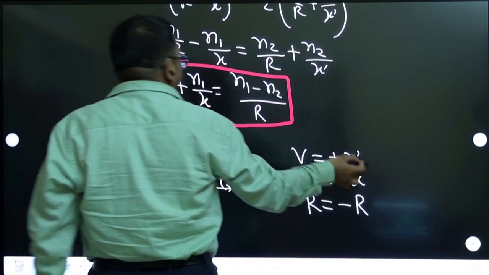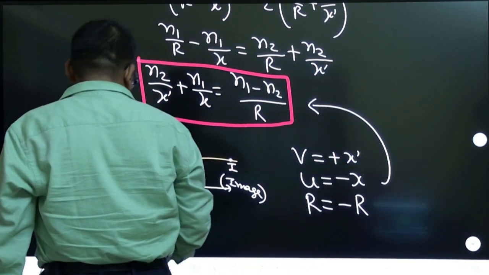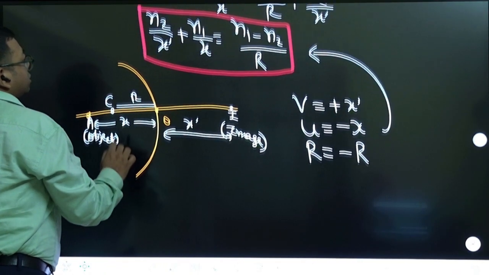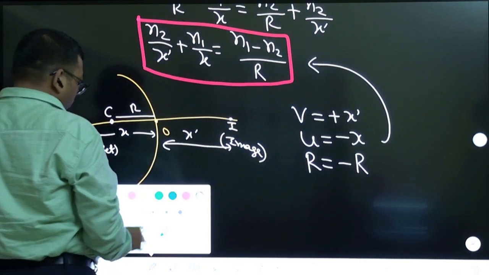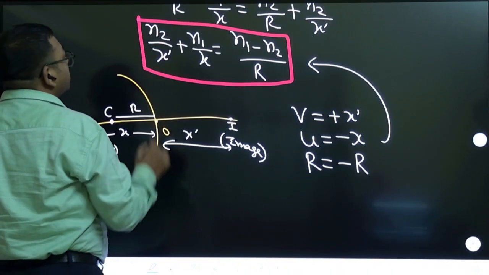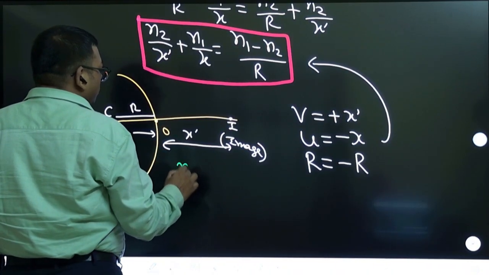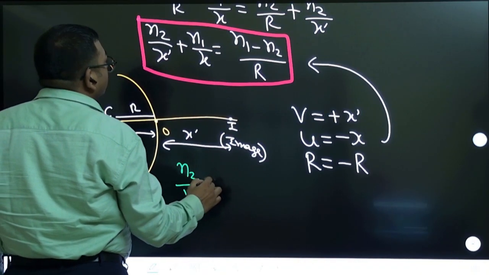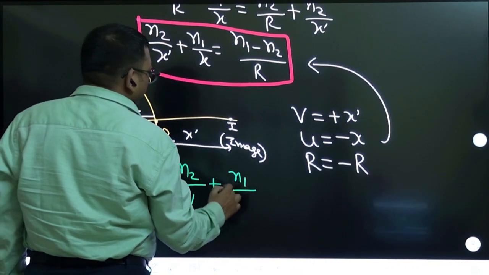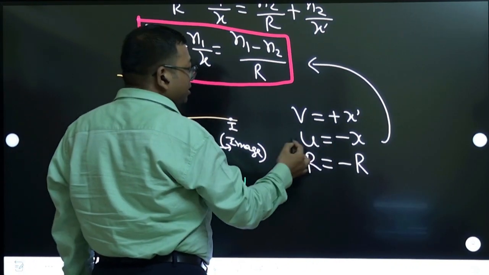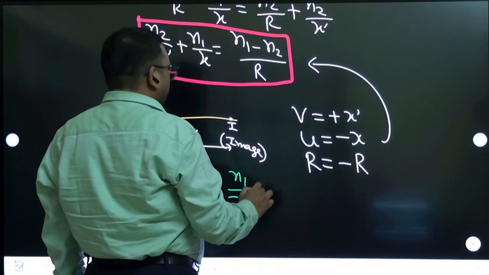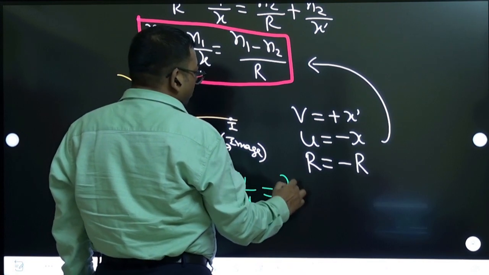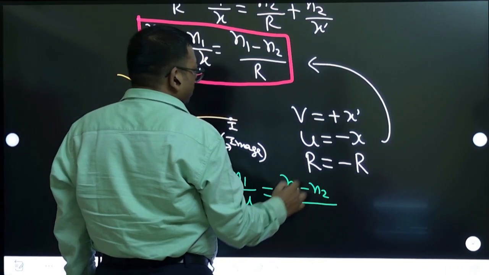Now let us substitute here in this formula and change this. Suppose I change it. So then what happens? n2 by x dash is v, plus n1 by x. What is x? From here x becomes minus, you note that, is equal to n1 minus n2 into r.